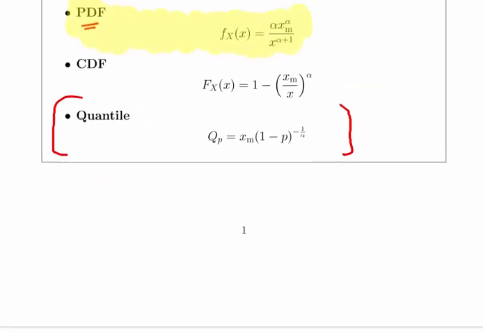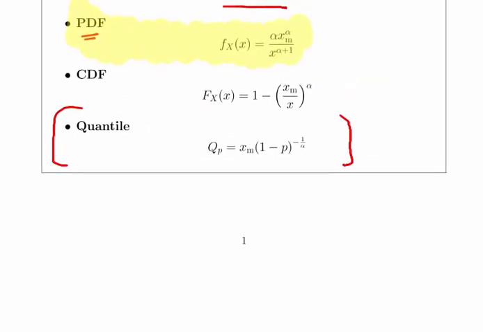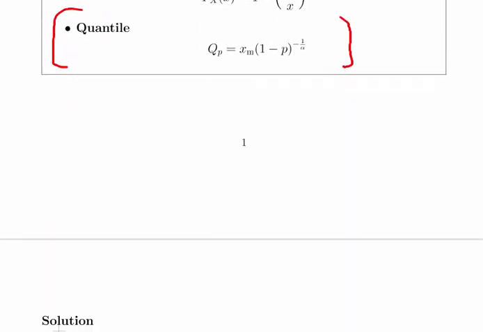Let's go back down here and see what the denominator says. x to the power of alpha plus 1, so we have x to the power of 2.2 plus 1, which is 3.2. Okay, we're happy enough that it's the Pareto type 1 distribution.